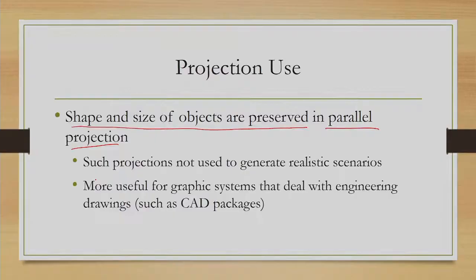Instead, it is used for graphic systems that typically deal with engineering drawings, such as the CAD, or computer aided design, packages that we discussed at the beginning of this course. There, realism is not important, other things are more important, so parallel projection may be useful.